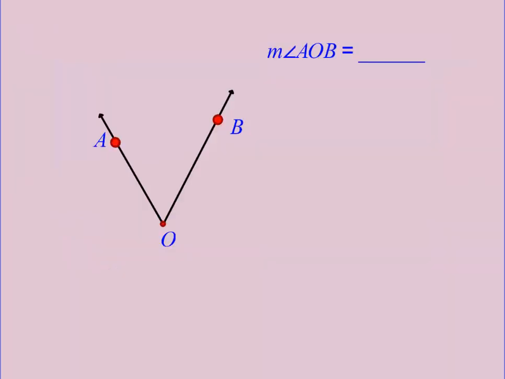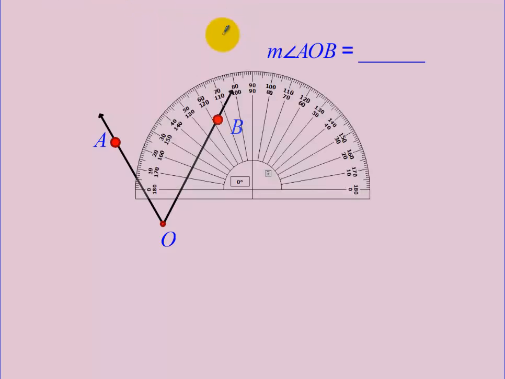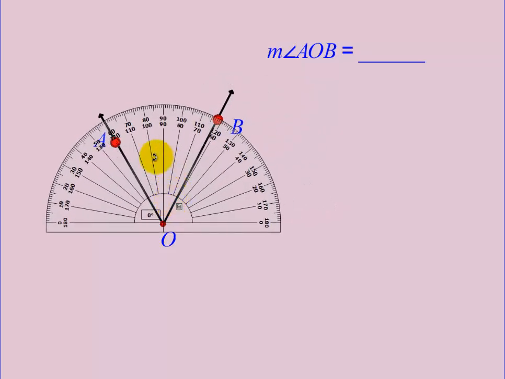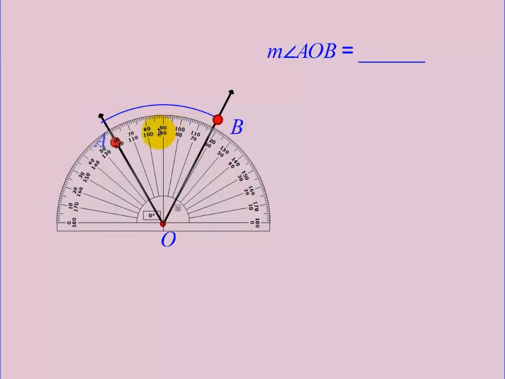Here's how that works. Say I have these two rays and I want to measure the angle. There are two ways I can do this. I'm going to pull out my protractor again, and put the vertex O right there. The measure of this angle, going from that spot to this spot, is kind of hard to see, but you can just take the difference of these two degree readings.